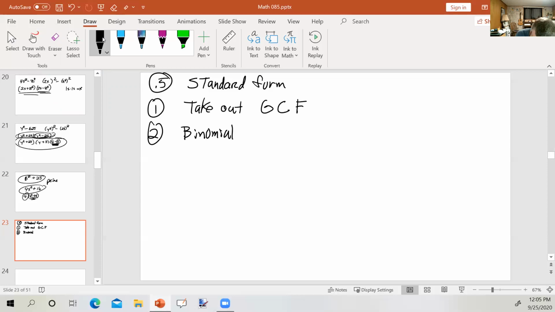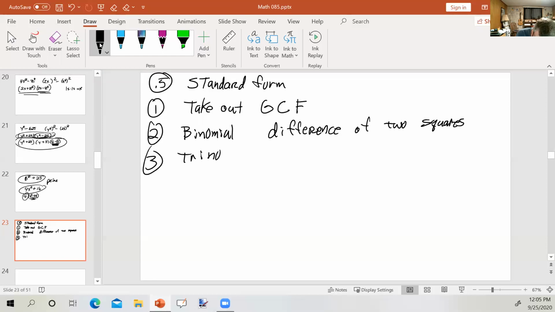Binomial. Difference of 2 squares. Trinomial.